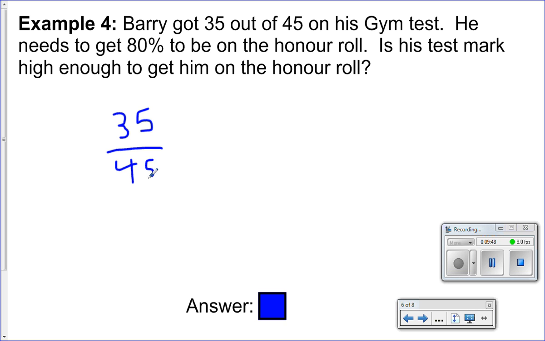As we learned previously, to change a fraction into a percent, a fraction which cannot easily be turned into an equivalent fraction of 100, we can use a calculator to guide us, but of course we always need to show what work we are doing on the calculator. So we have to do 35 divided by 45 times 100.